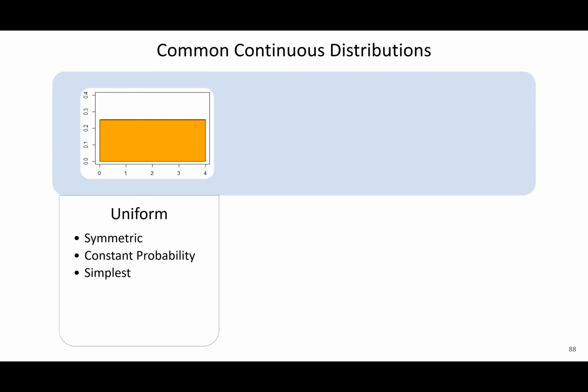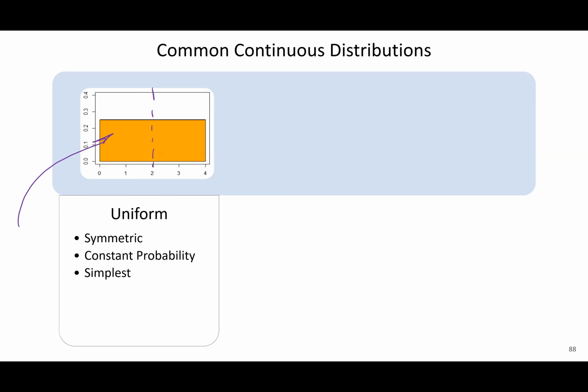So common distributions. The first one we're going to talk about, at least in this lesson, is the uniform distribution. It's symmetric. That means if I were to fold it in half in the middle, it matches on the other side. It's specifically shaped like a rectangle. Uniform is probably the most straightforward.